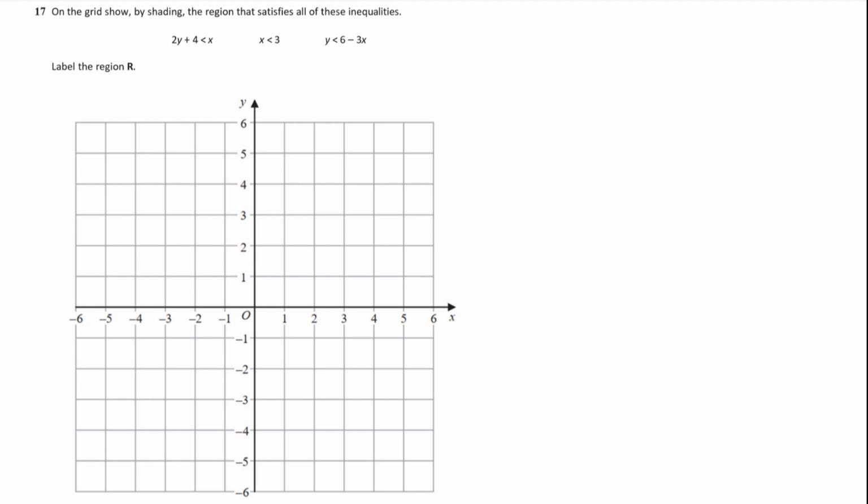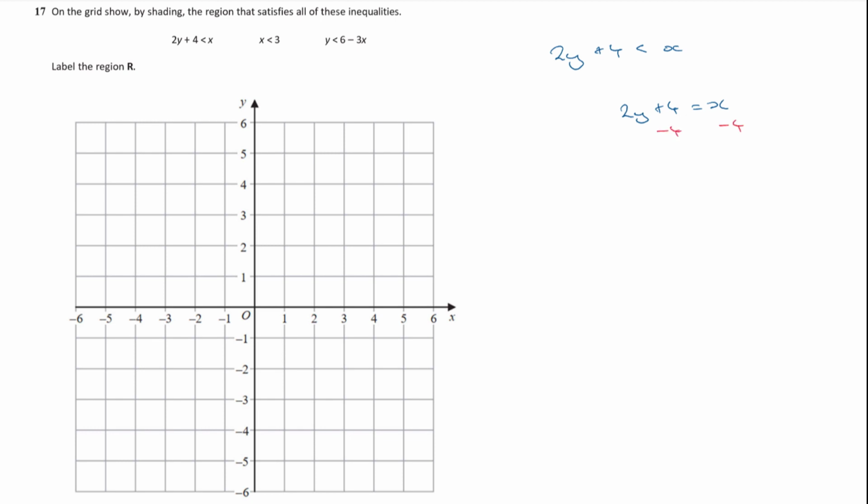what side of the equation we're talking about. So let's take that first inequality, 2y plus 4 is less than x. First off, I'm going to find the equation of that line. So I'm going to replace the less than sign with an equal sign to start with because I just want to draw it. And then I want to get into the form y equals mx plus c. So if I've got 2y plus 4 equals x, let's take 4 away from both sides.